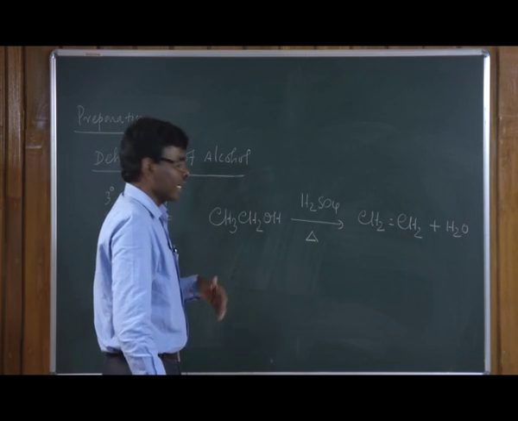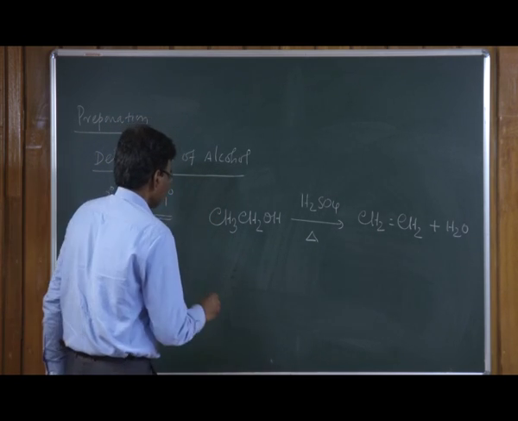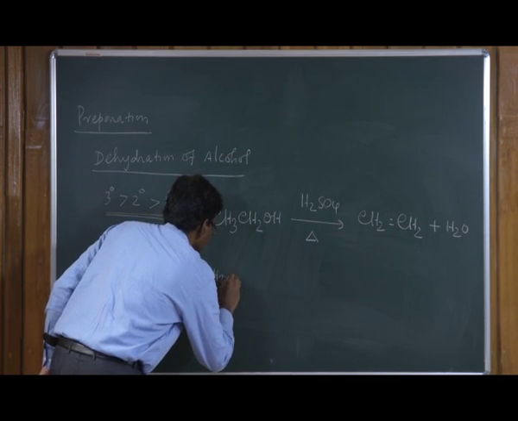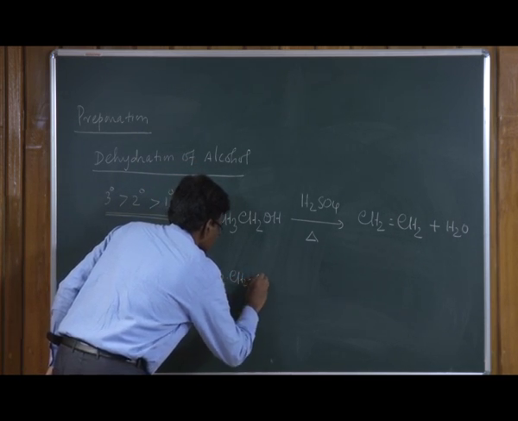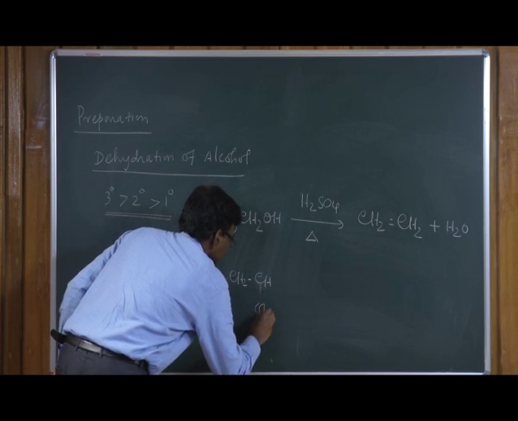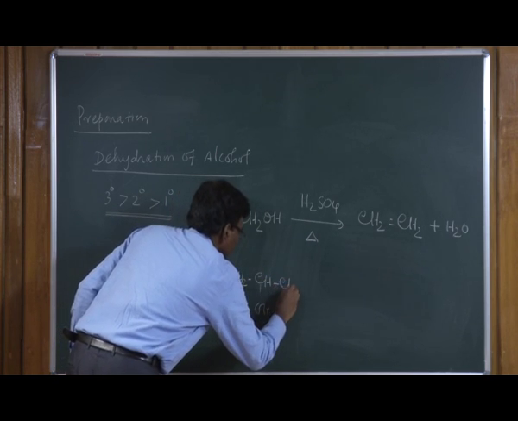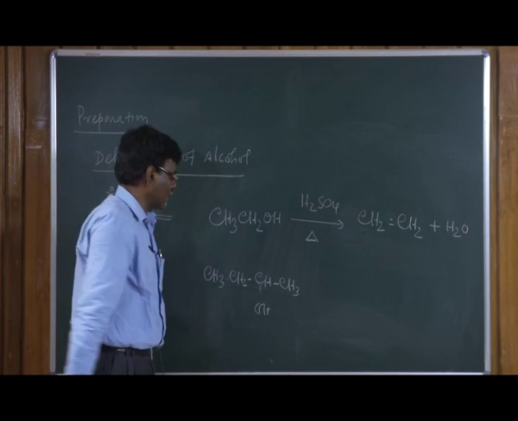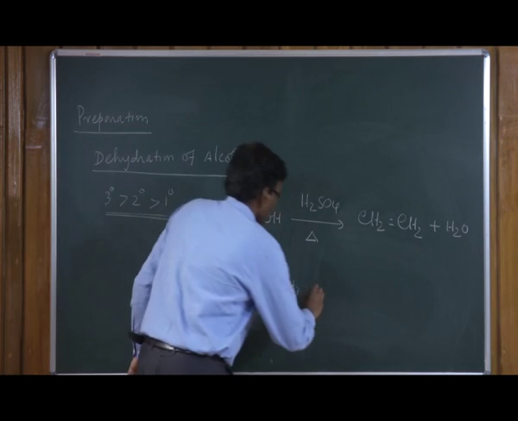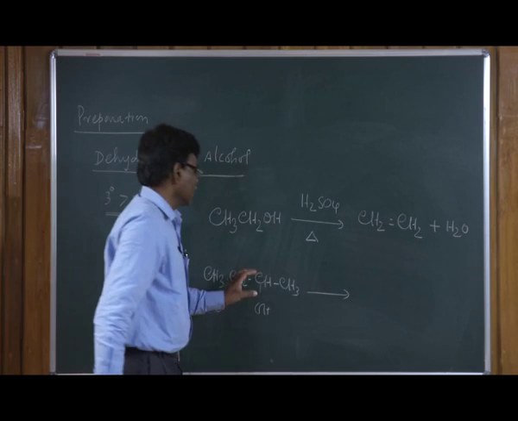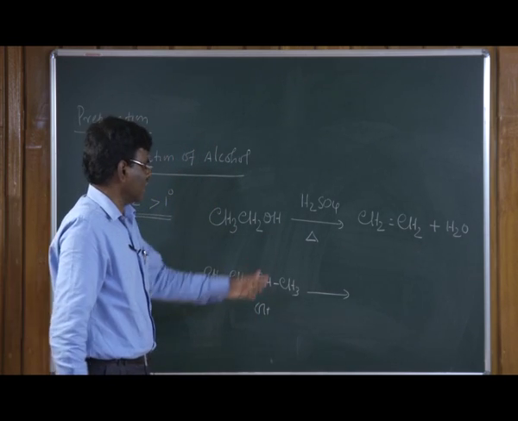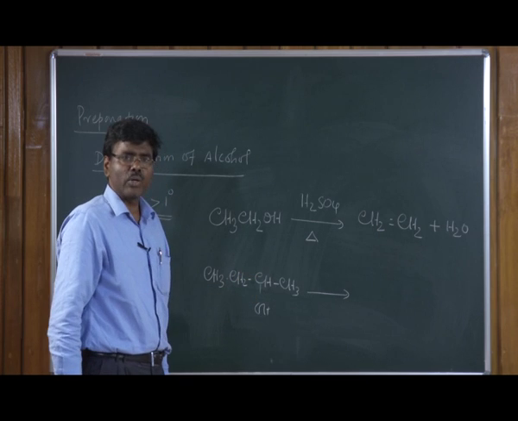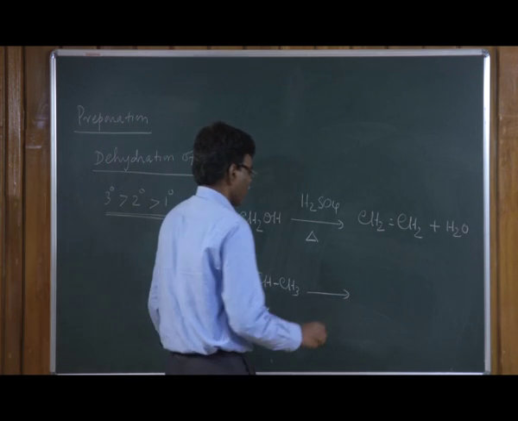For example, if you take a secondary alcohol which is unsymmetrical, for example, this is a primary alcohol, this is a secondary alcohol. When you treat this alcohol with sulfuric acid under heating, as we have seen here, it also can undergo dehydration to give a mixture of alkenes.